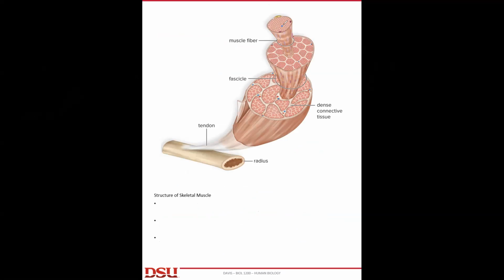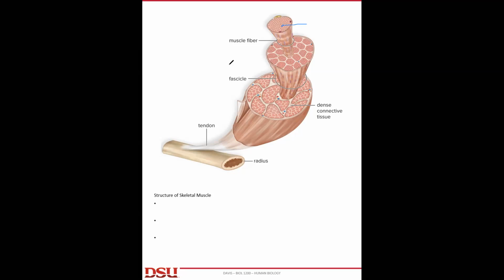If we look at just one of these tiny circles, they are called myofibrils. Myofibrils are the part of the muscle that's going to contract. How about I try to write that so that we can read it? Sometimes this little board is so hard to write on.